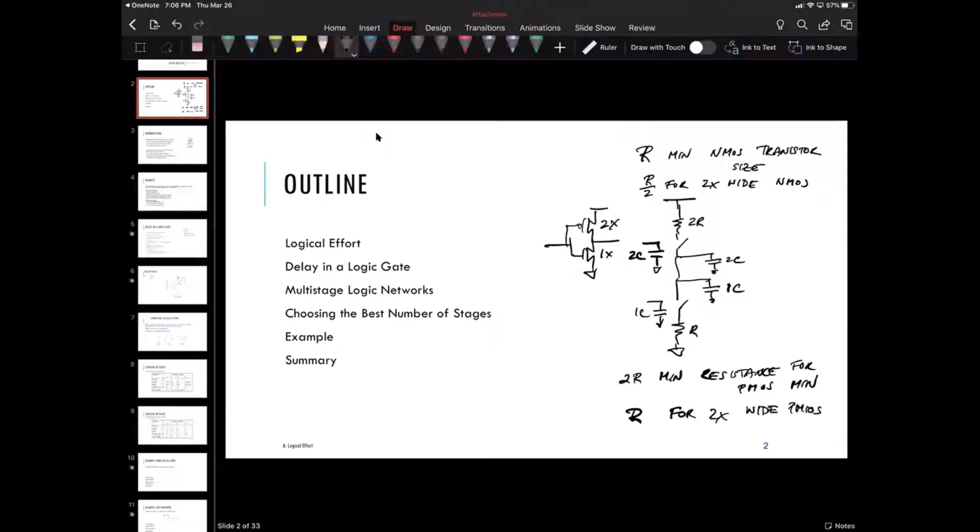So this gave us a pretty accurate model, although it was a very simple model. When we compare it to simulations, it was within, say, 10% of a transient event.